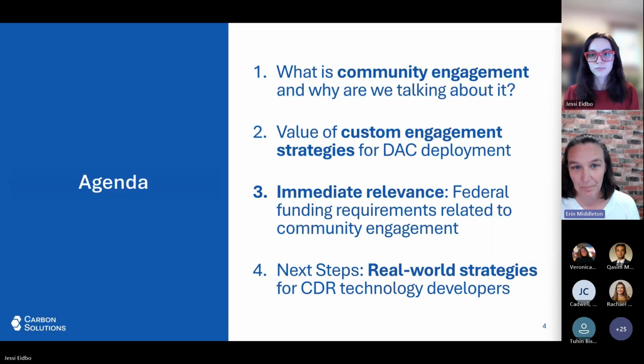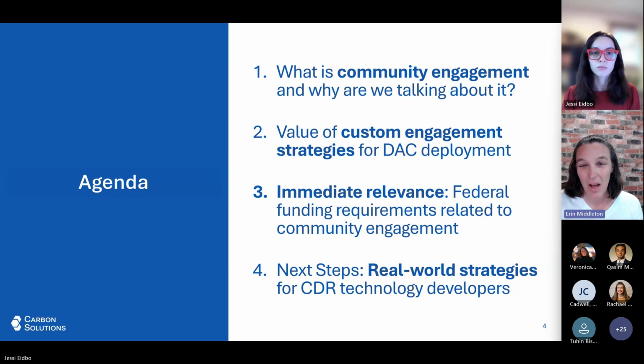So what are we going to talk about? One thing is, what is community engagement and what are we talking about? Community engagement is both a thing of itself, and it's also a thing that is in a lot of federal projects. So figuring out how to work in both the federal space and community engagement space, especially for an emerging technology, is what we're going to be talking about.